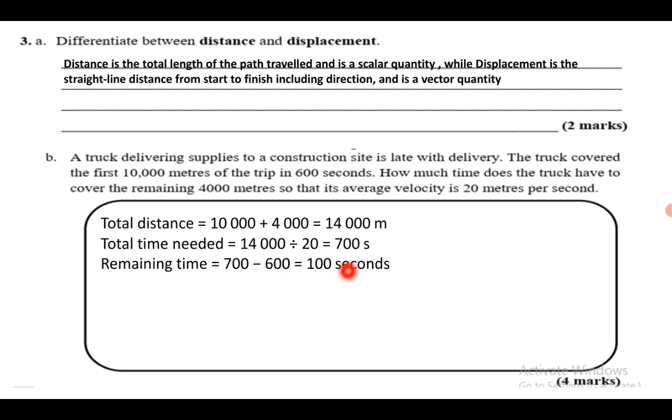So that will be 700 minus 600, which is 100 seconds, which is basically a minute or so. If you divide this by 60, you find it's 1 point something minutes. That means it's quite short. Or maybe the truck is traveling at highest velocity, as you can see here.